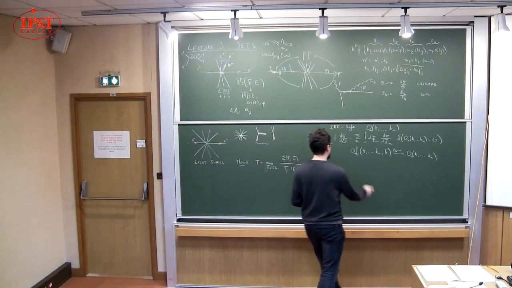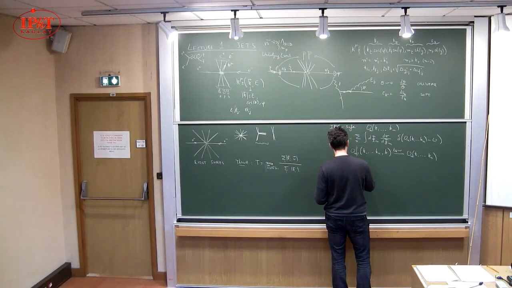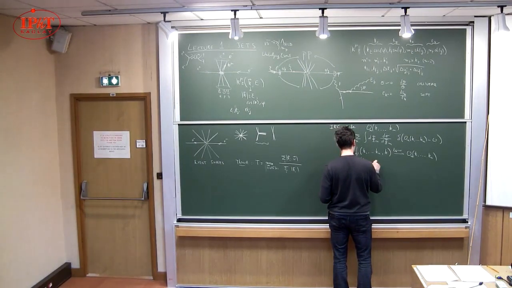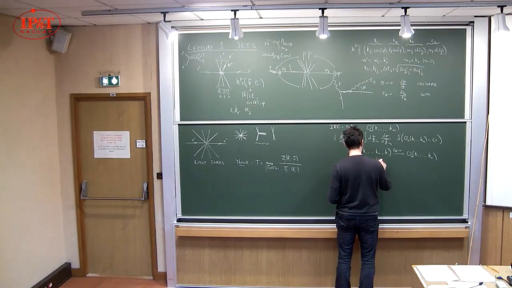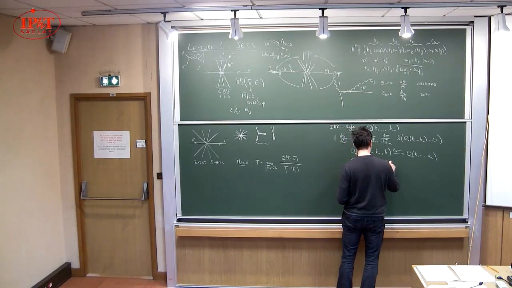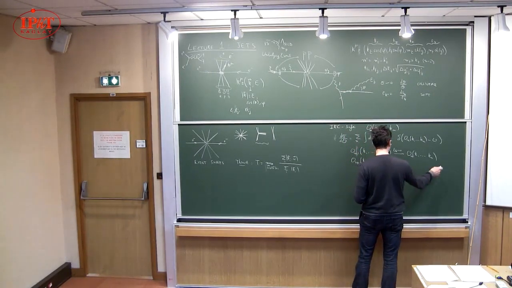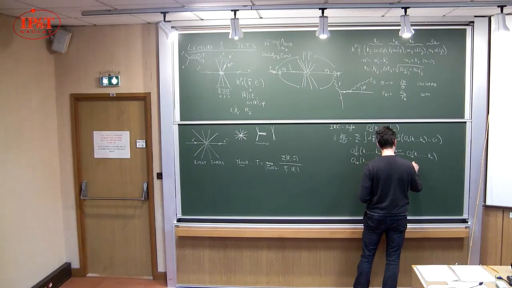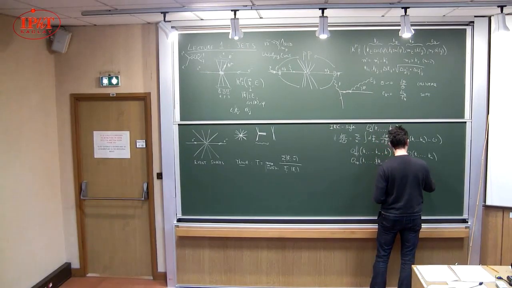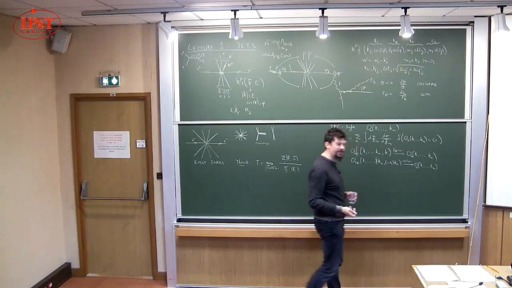And now if you take any of these particles, let me take the last one, I'm going to split kn collinearly into lambda kn and (1 minus lambda) kn, with lambda between 0 and 1. This gives you the same as if you didn't have that collinear splitting.